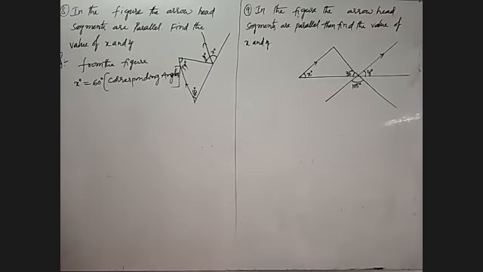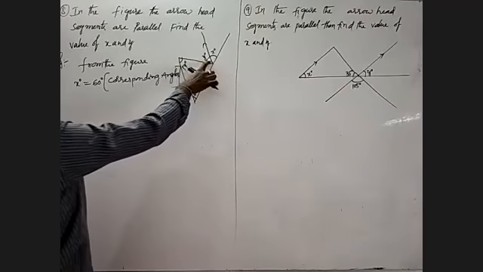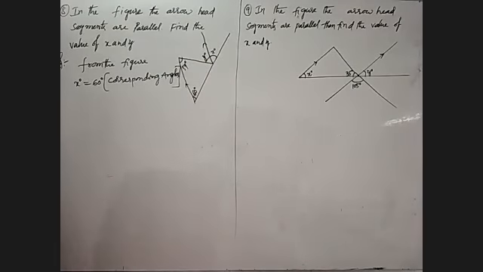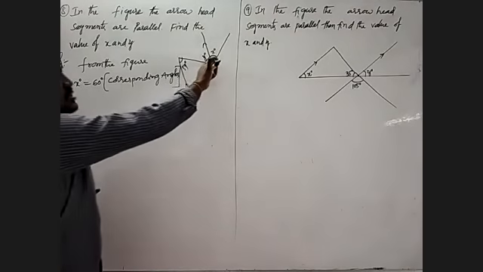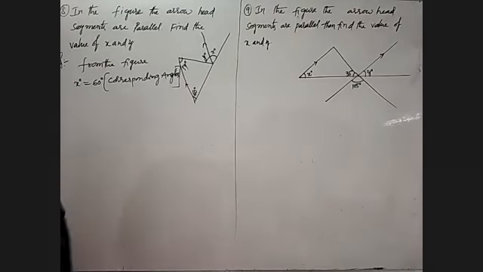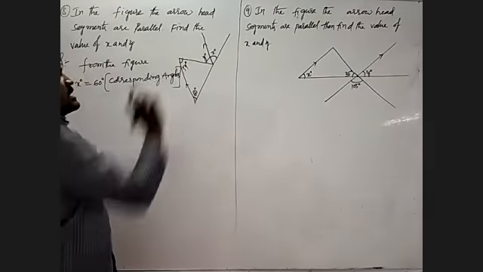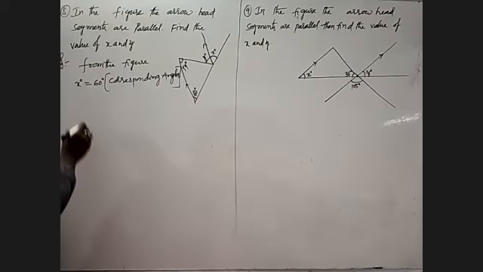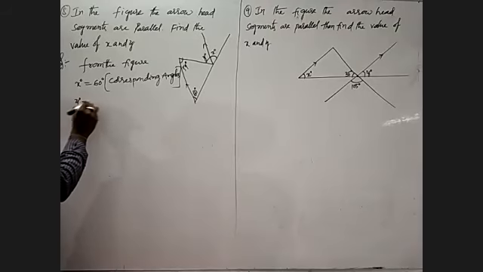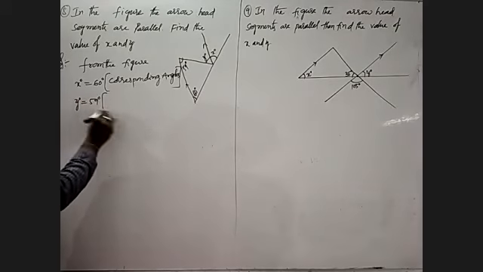Next one: here y degrees, and here 59 degrees. Both are alternate interior angles. This is also an alternate interior angle. When it forms a line, this is the interior angle. So I will write y degrees is equal to 59 degrees.